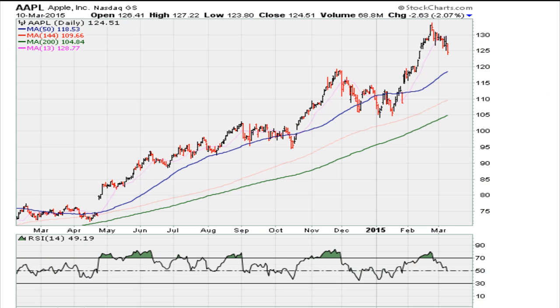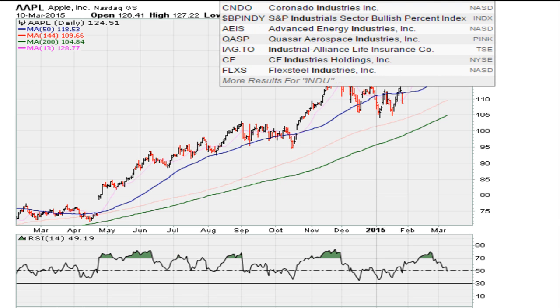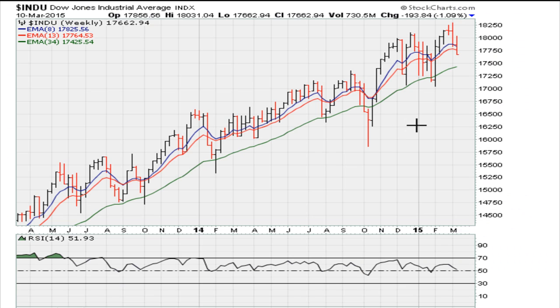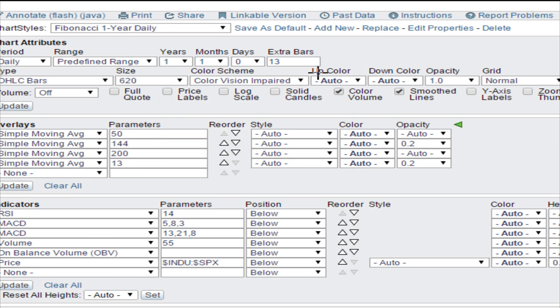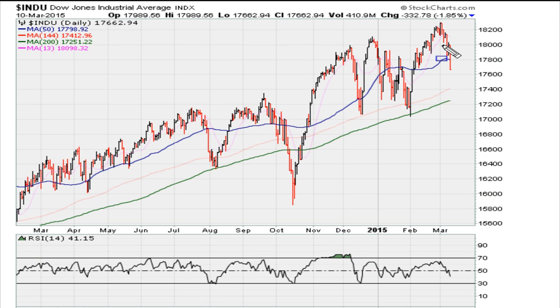And I'll show you one example, which is the Dow. Let's take a look at the Dow here. I'll show you something pretty cool. Okay, so this is the Dow. We've seen the Dow go down 3 days ago as it moved below 50.